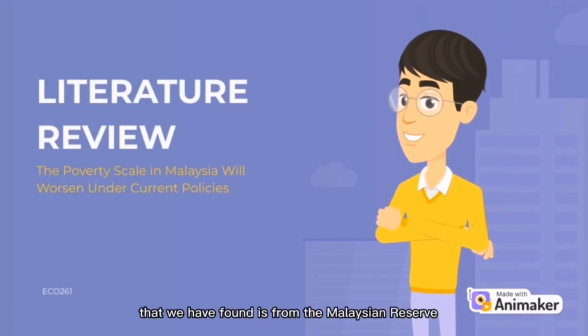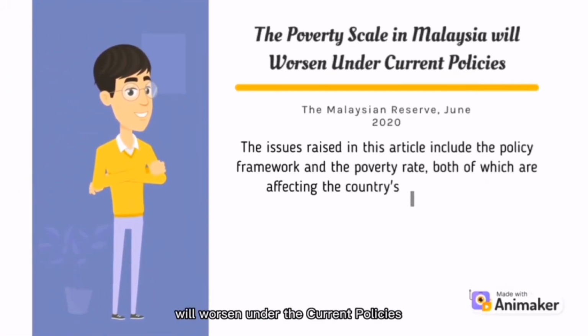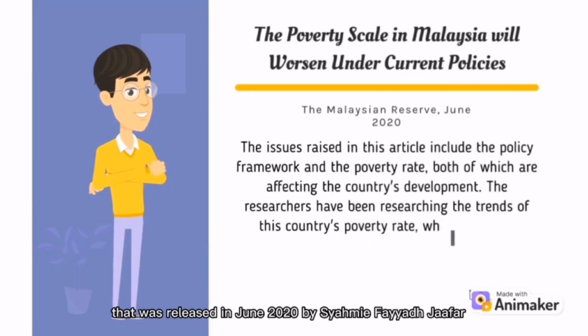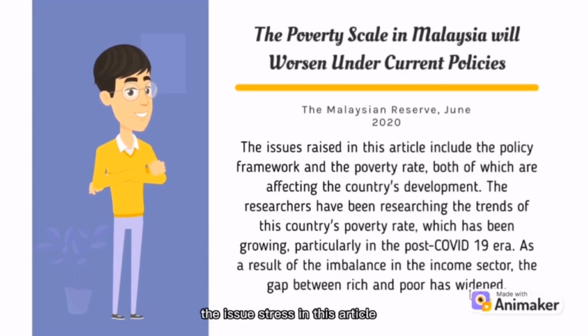The article that we have found is from the Malaysian Reserve, and the title is The Poverty Scale in Malaysia Will Worsen Under Current Policies, released in June 2020 by Shahmi Fayyad Jaafar. The issues raised in this article include the policy framework and the poverty rate, both of which are affecting the country's development.